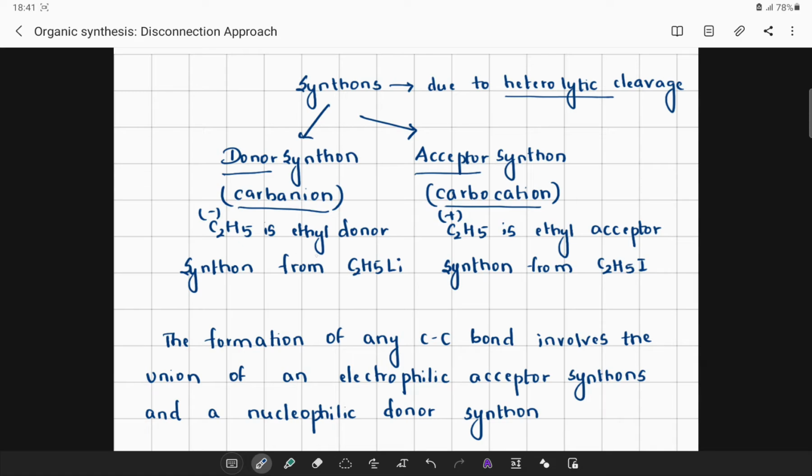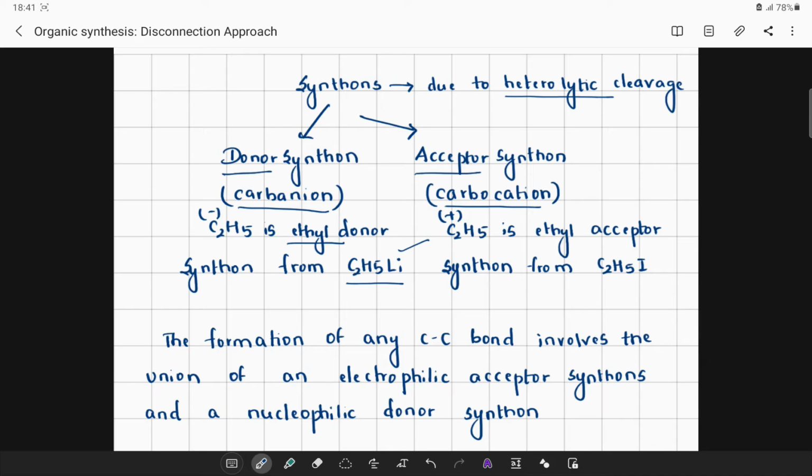Now for example, if it is an ethyl donor, that is C2H5 minus, the synthon comes from C2H5Li. That means it is associated with an electropositive element like lithium to give me C2H5 minus. That means now the carbanion has been formed.